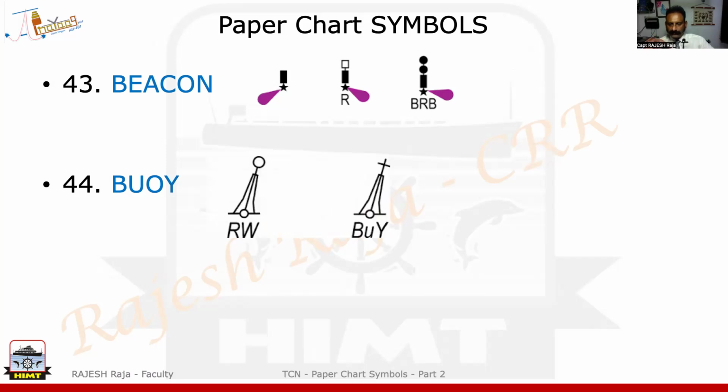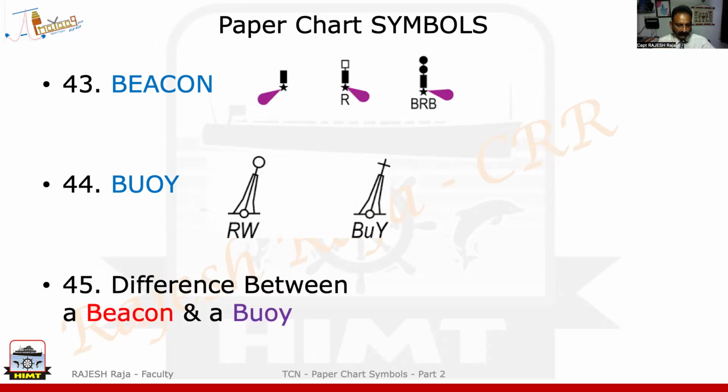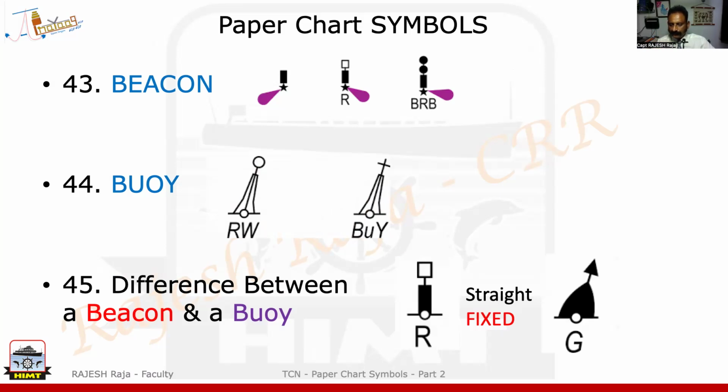Let us look at a buoy. Please see, these are the two different kinds of symbols you can find, but you should know the difference between the two. I'll put a beacon first. They are usually drawn straight because they are fixed structures. The buoys are usually slanted.